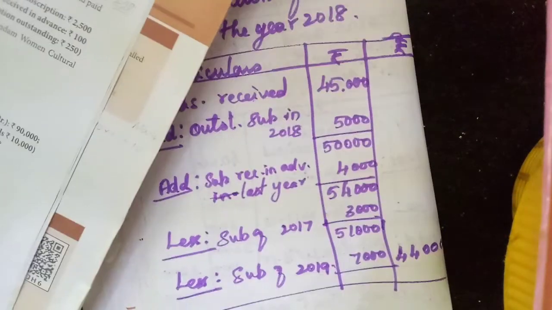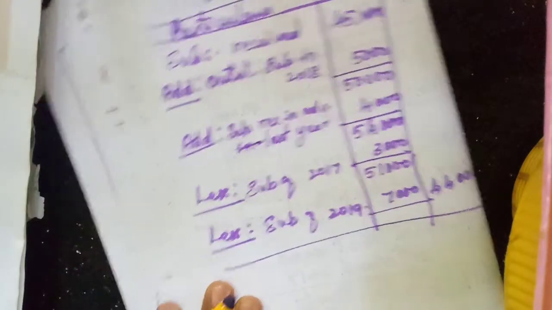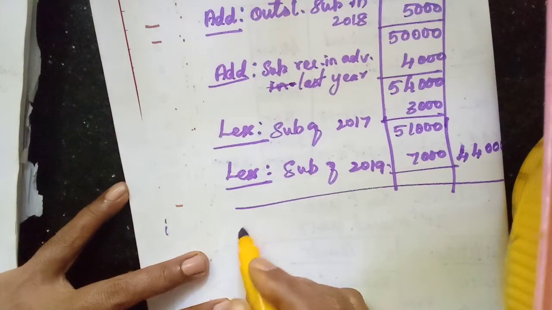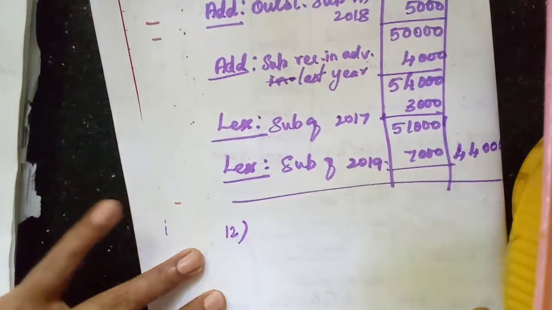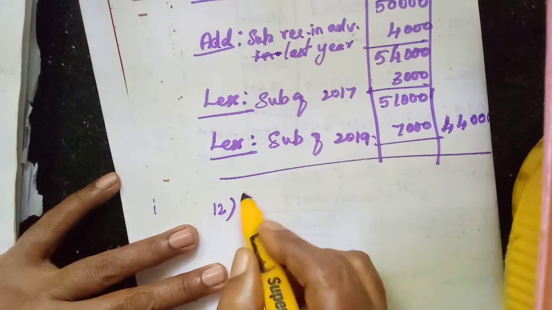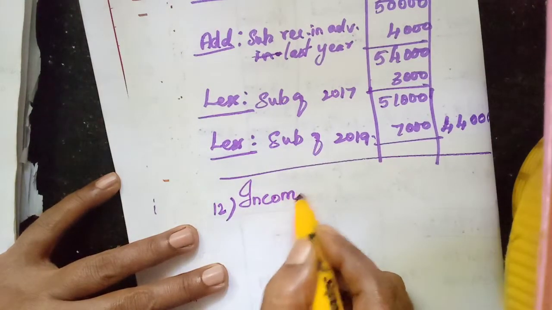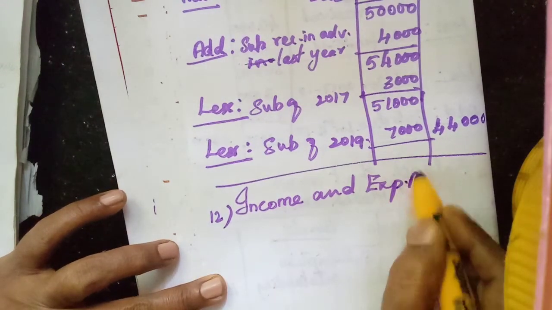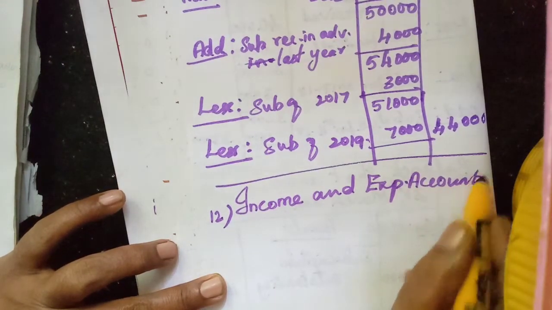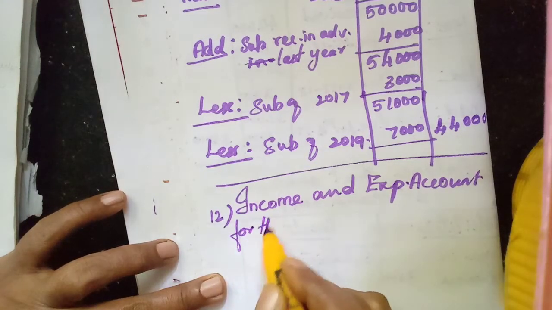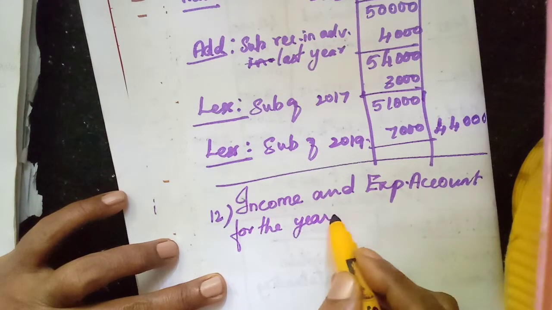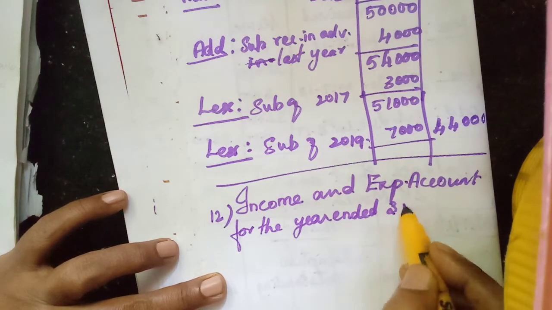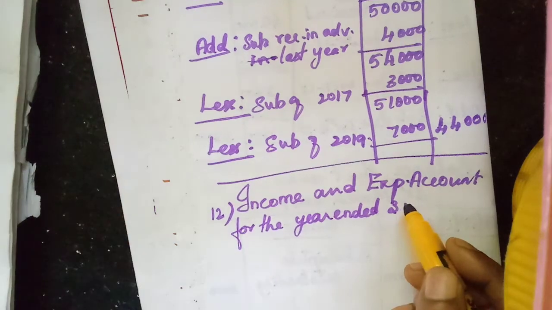How this will appear in the income and expenditure account they have asked. So we will write first the number, then the heading. Income and expenditure account for the year ended 31st December 2018.